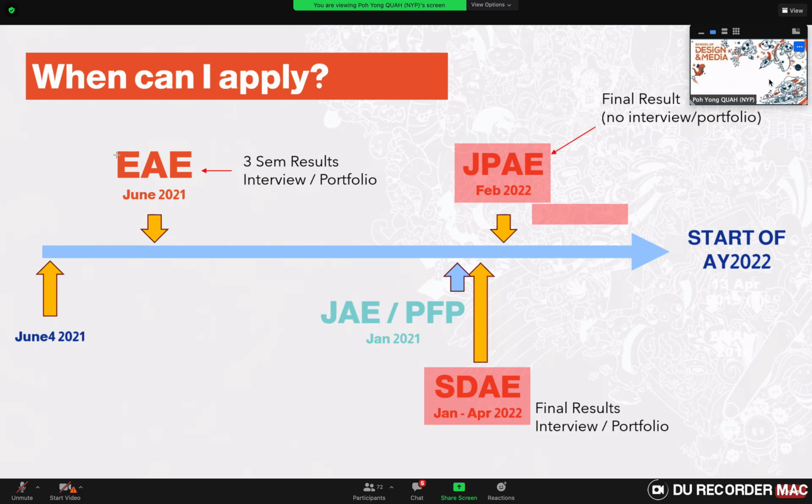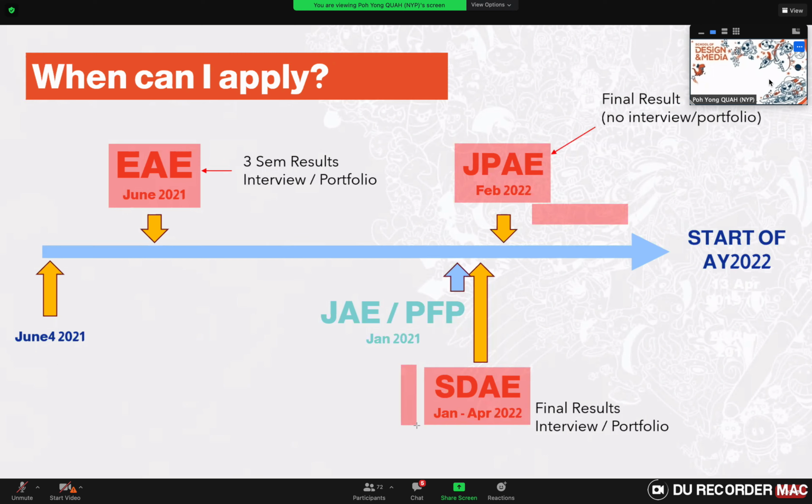The difference between EAE and JPAE is very simple. EAE is based on your portfolio. We don't look at your results. JPAE looks at your results when you apply, so if you have a higher GPA, you have higher chances of getting into a poly.